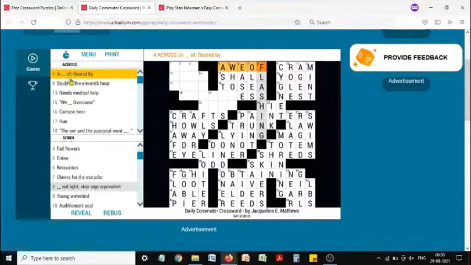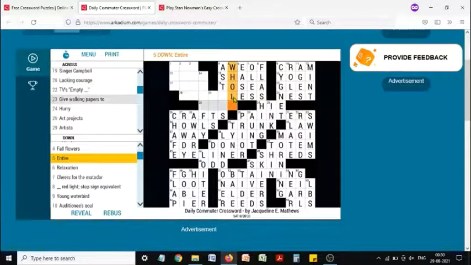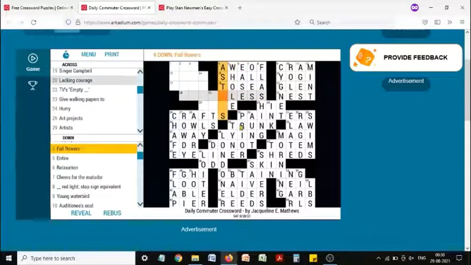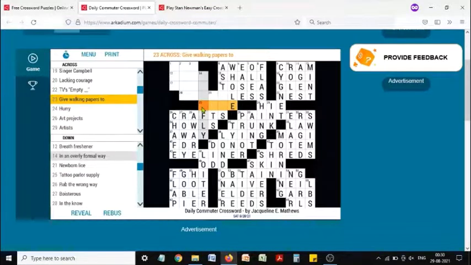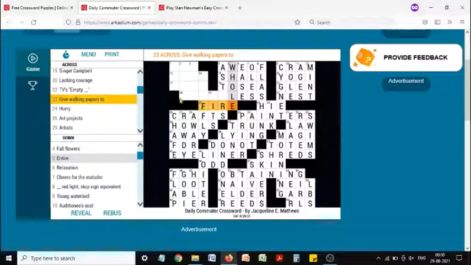So there's a mistake in the way the clue is given, which actually threw me off the first time, but now we know that's the right answer. So this entire becomes whole. I don't know flowers. Give walking papers to. When you make someone walk, you fire them.